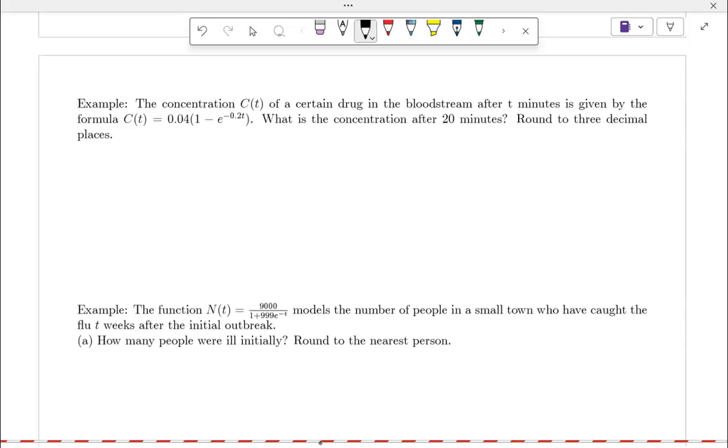So what do we need to do to find the concentration after 20 minutes? Oh, plug in 20, right? Just put in 20 for t. So your C of 20 will be 0.04 times 1 minus e to the negative 0.2 times 20.